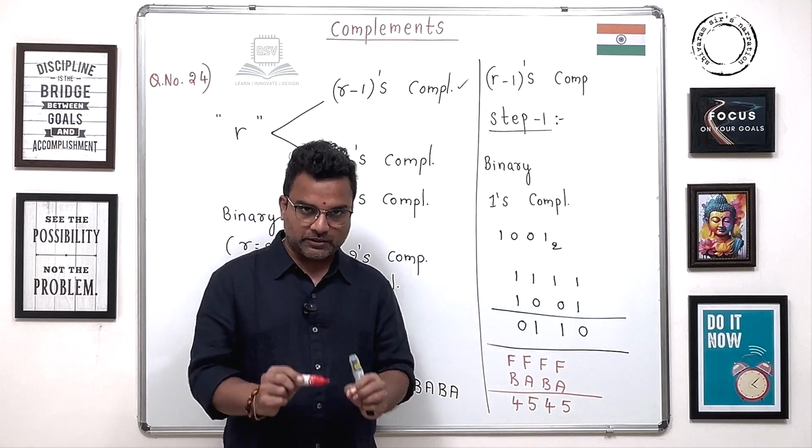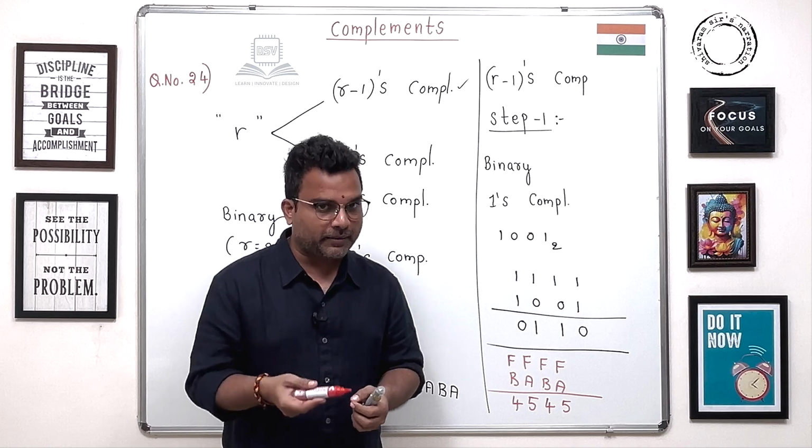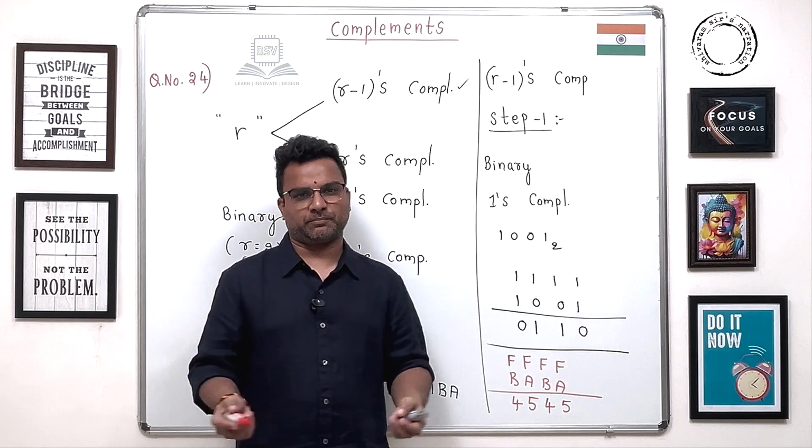This is the procedure and approach to determine the r minus 1's complement of any number system.